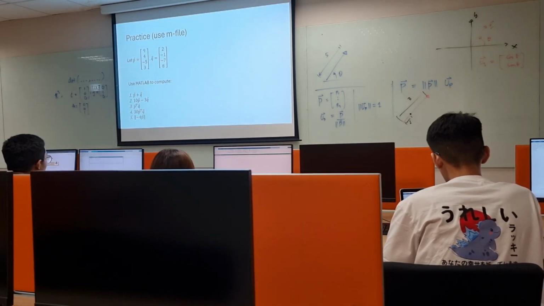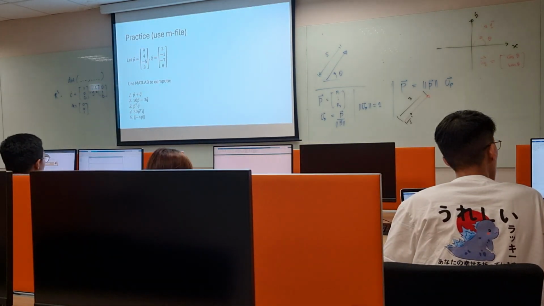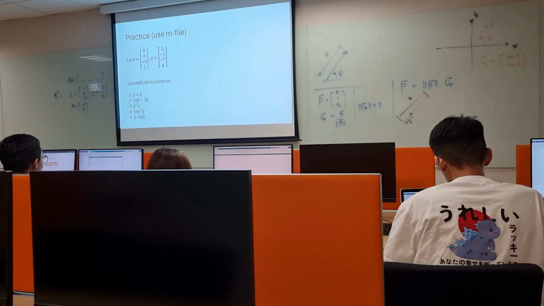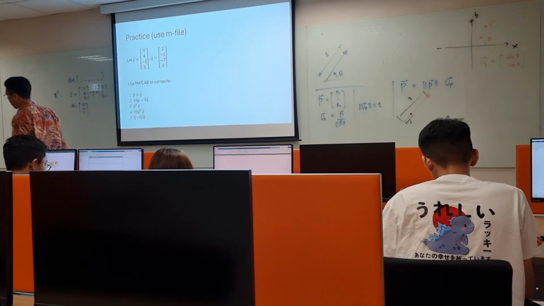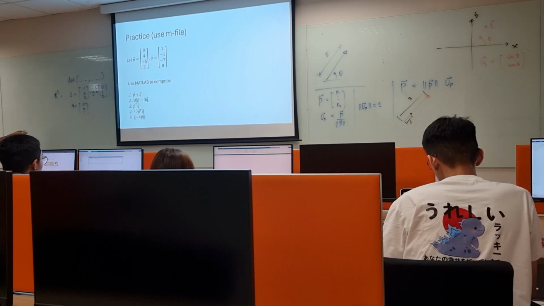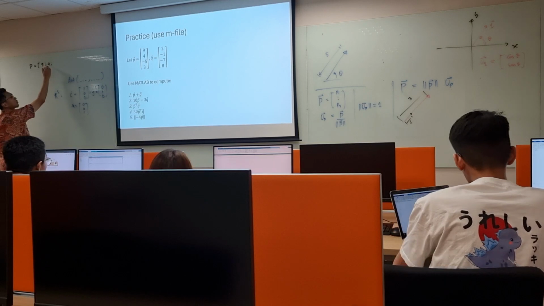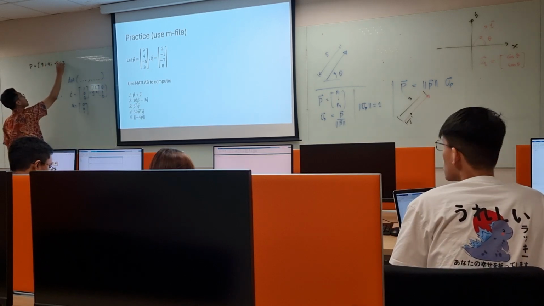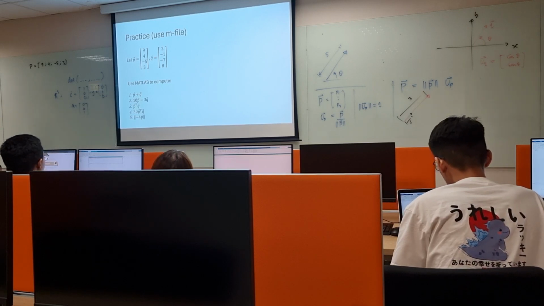Because of the power, you use scalar. Guys, there are two ways of writing the vector using MATLAB. The first way, you can write down 9, 4. If you use semicolon, it will be column-wise.